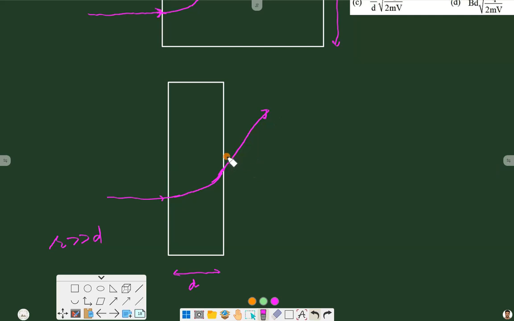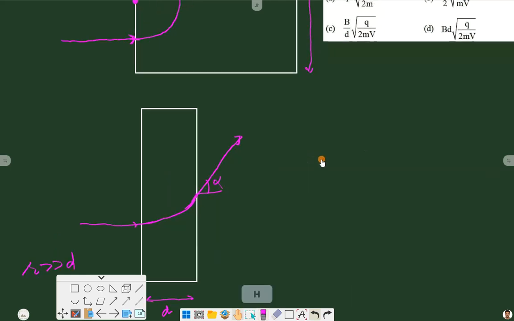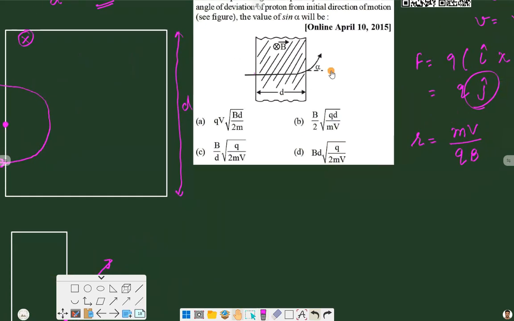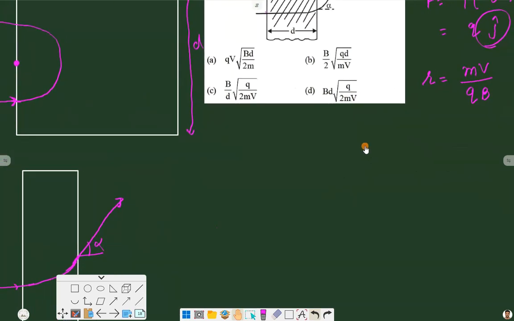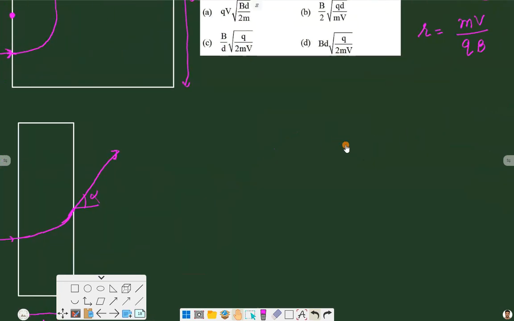Sometimes it is asked to find this angle alpha, and in this question it is also asked to find this angle alpha. So let us find out that angle using this same diagram, or let's redraw it.